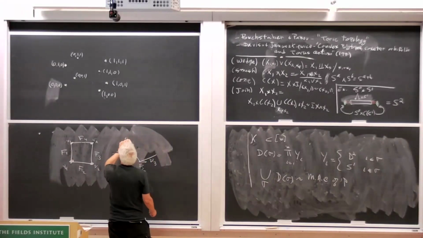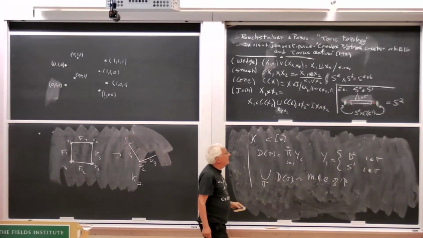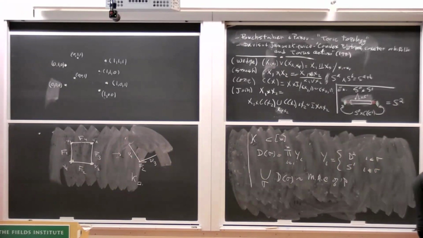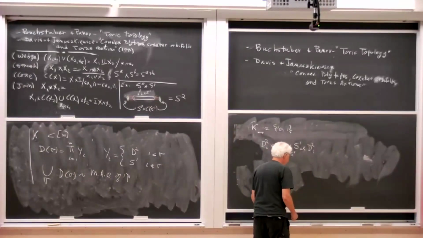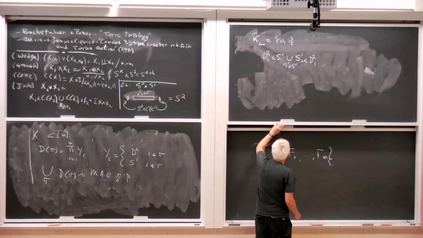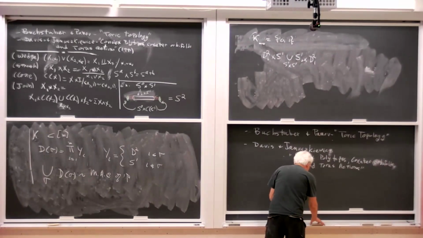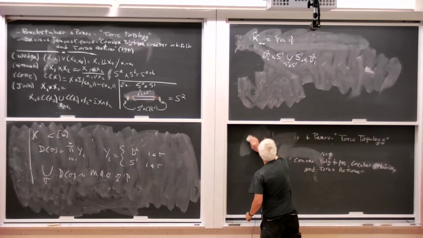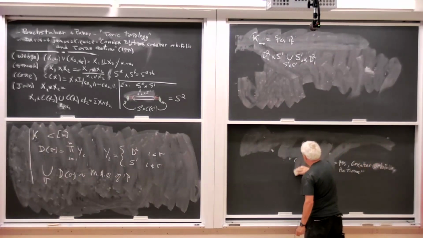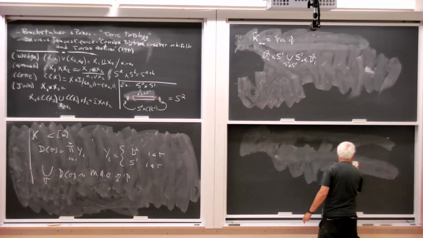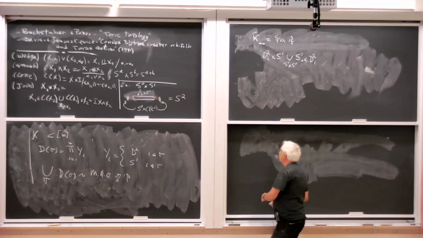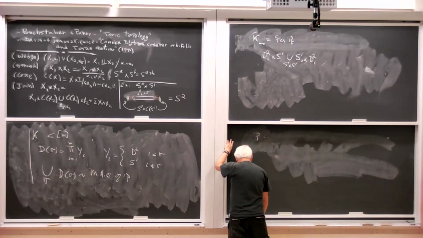So I'm going to give that definition now. Maybe I should save it. So this is the polyhedral product.